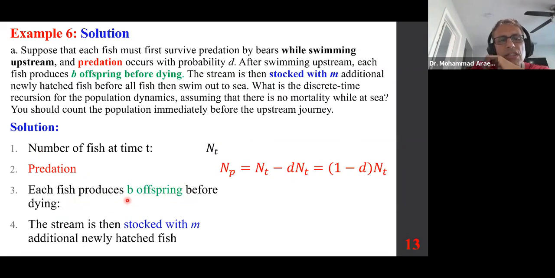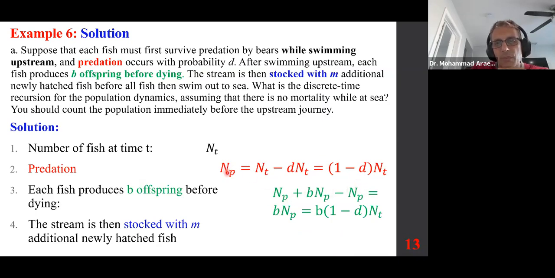That means, simply put, multiply this one by B. If they didn't die, we would multiply by B and then add this number to it, in essence, B plus 1, but just B because they don't survive themselves, so simply times B. So again, I'm just showing you this is N sub P, we multiplied by B and we added, but the N sub P goes away. But just in short, you see this one? Multiply by B. What is the last step?